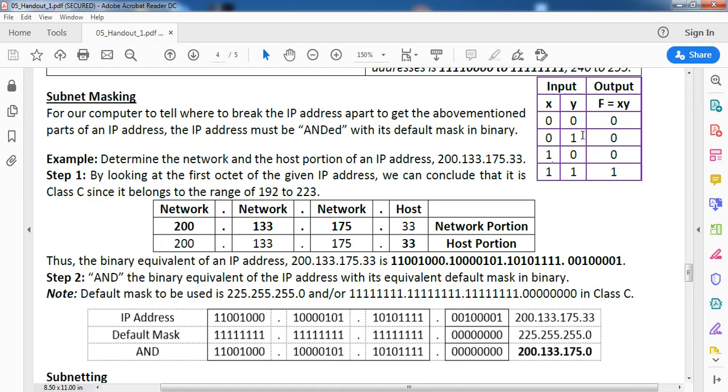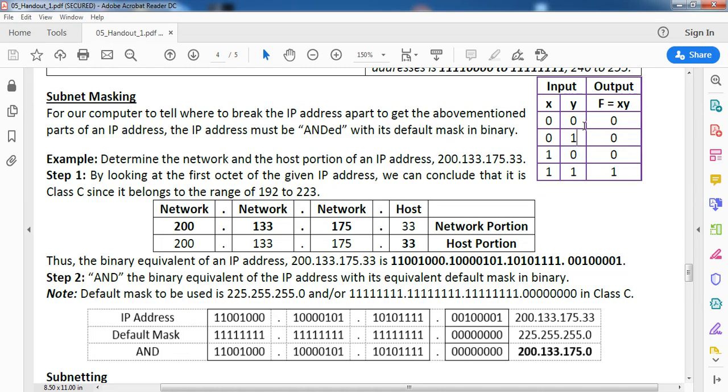So a 0 ANDed with 1 is still 0. 1 ANDed with 1 is still 1. What I'm trying to say is using 1 would mean retaining the number. But if we look at the first and the third part, ANDing any binary digit with 0 would automatically result in a 0.